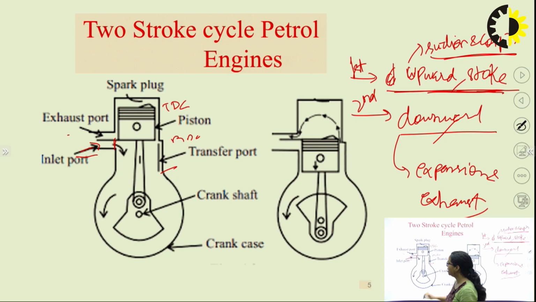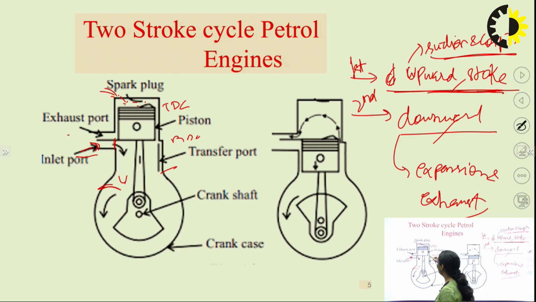Then from the inlet port, the fresh charge will be supplied, and it is supplied in the crankcase. In a 4-stroke engine, it is supplied in the combustion chamber. You remember, there was the inlet valve, and the fresh charge is supplied in the combustion chamber. But in case of a 2-stroke engine, it is supplied in the crankcase. This is the crankcase. So from the inlet port, fresh charge is supplied in the crankcase.